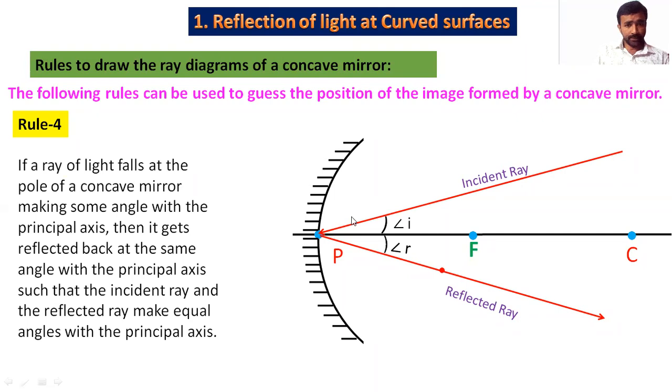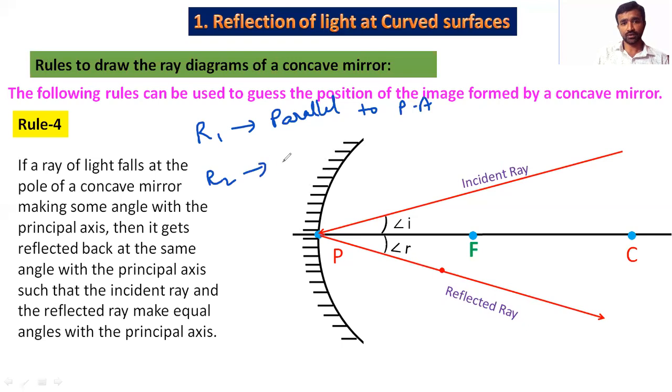So good morning. Yesterday we learned the rules of a concave mirror that help us to draw ray diagrams. Right? What are they? R1 is parallel to the principal axis.